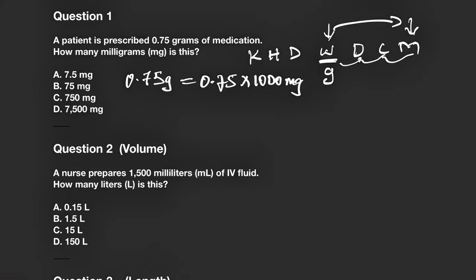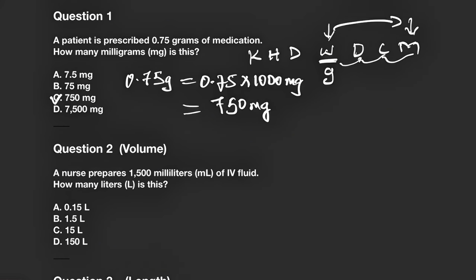You move the decimal 1, 2, 3, so it's going to be 750 milligrams. So the answer is going to be C.